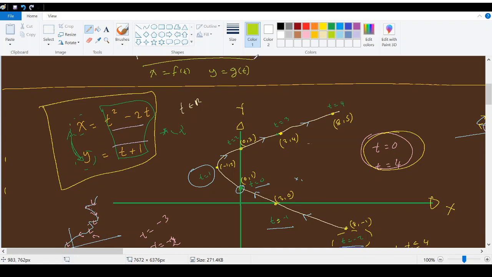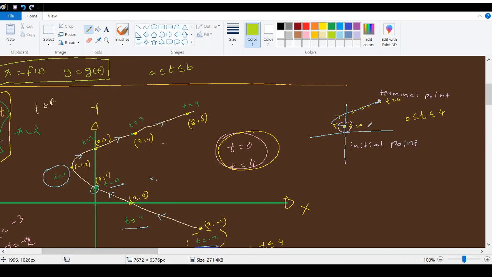This is the parametric format, and t runs between two points, let's name them a and b. In the first case a was -2 and b was 4, and in this case a was equal to 0 and b was equal to 4, right?